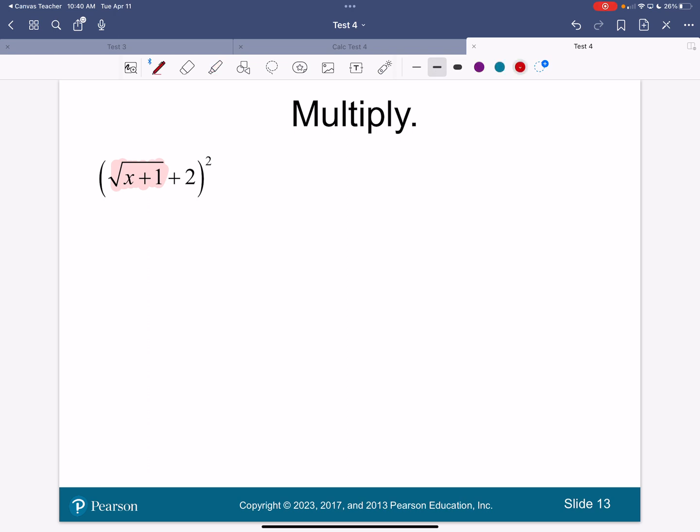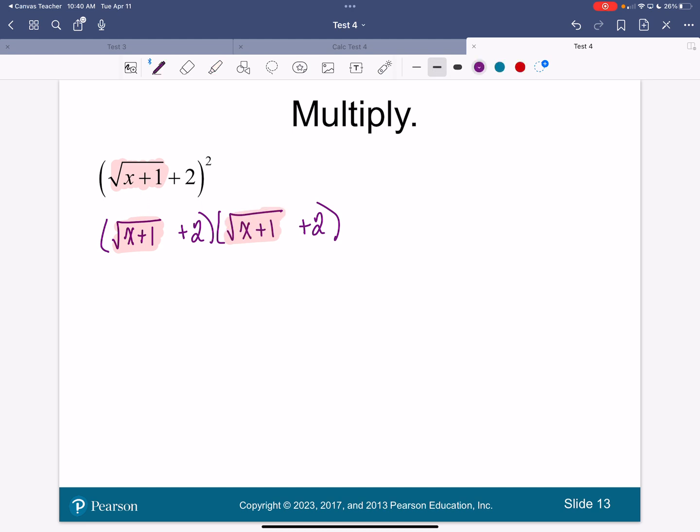Okay? I'm going to rewrite this because I'm squaring it. So we are squaring a binomial. That's what we're doing here. So I've got the square root of x plus 1, which is a single unit, plus 2 times the square root of x plus 1 plus 2. Okay, and remember, we are thinking about this as a single term.